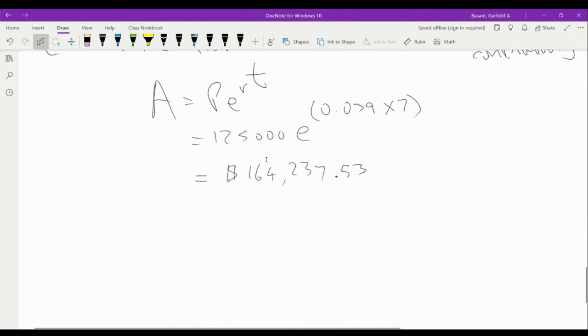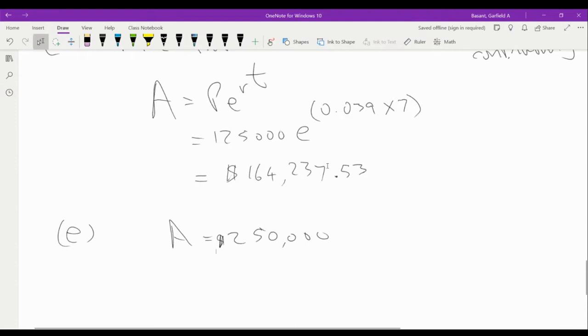Let's see. What is the amount going to be when we have doubled our money? We start with 125,000. We double our money. How much do we have? $250,000. So here they're actually telling us that A is equal to $250,000.